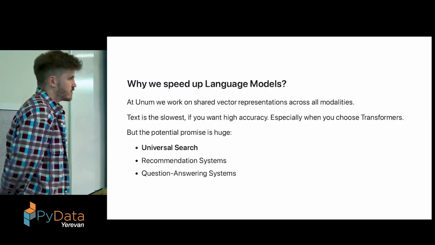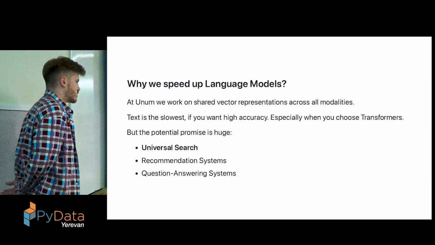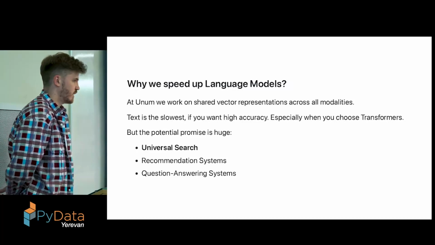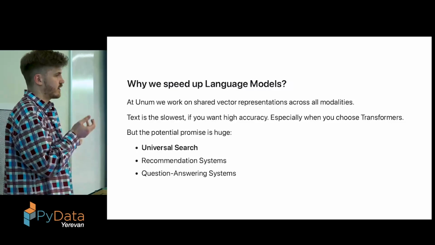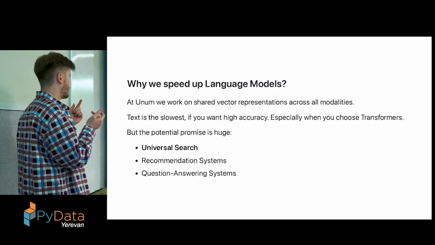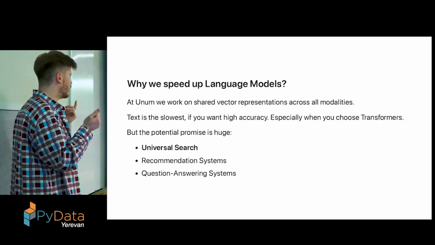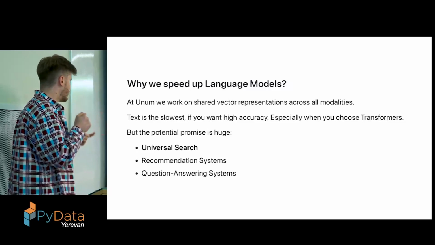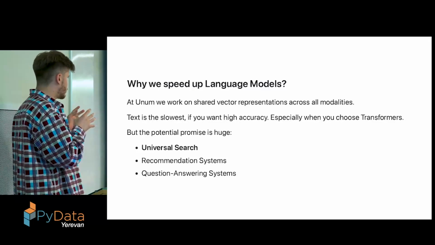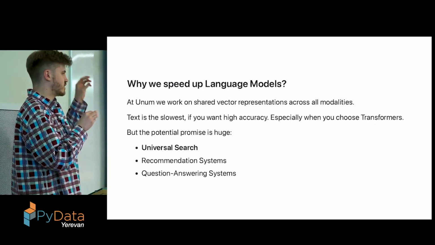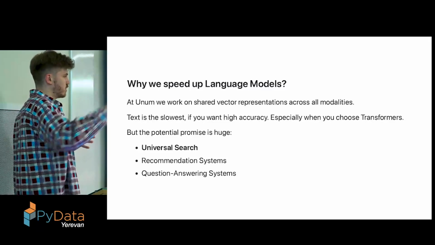At Unum, we are trying to do universal search. What does it mean? We are trying to make any data domain, like text, image, audio, video, maybe an HTML file, usable in search, both as the query and as the response.